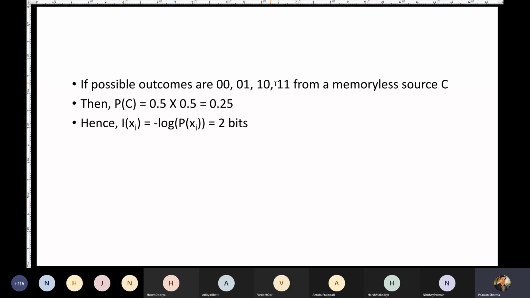Similarly for 01, 10, 11, each bit has an individual probability of occurrence of 0.5, so 0.5 into 0.5, because we are taking it as a group. So we multiply the probabilities. Hence, the information content in this is 2 bits, since 2 binary digits are there. You may wonder, sir, taking 00 or 01 gives 2 bits, but this scenario will change when the probability values change. As of now, this is equiprobable.